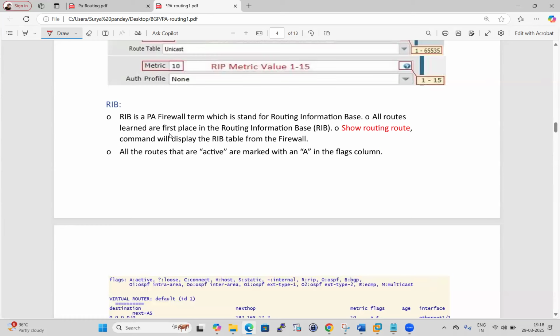It is going to maintain all the routes learned, which are placed in the routing information base. Whatever is learned from different protocols, it maintains in the routing information base.